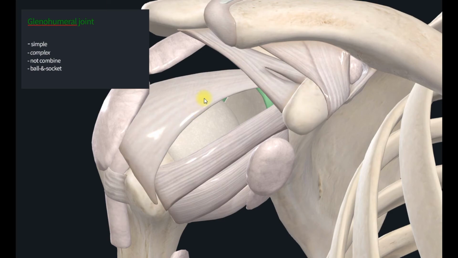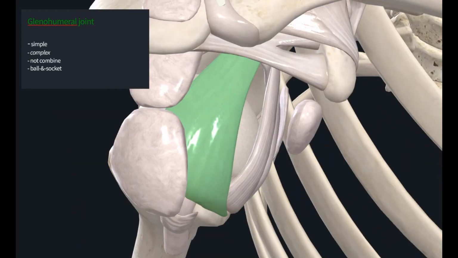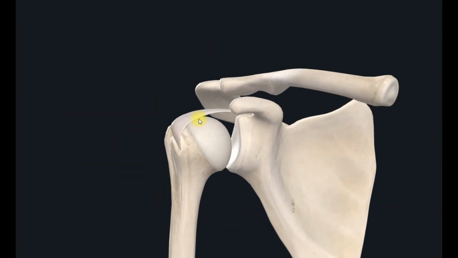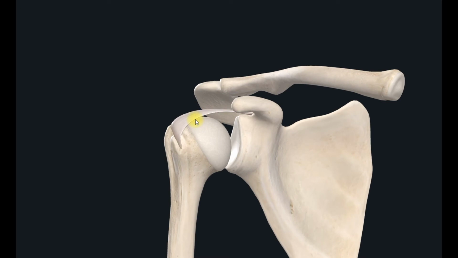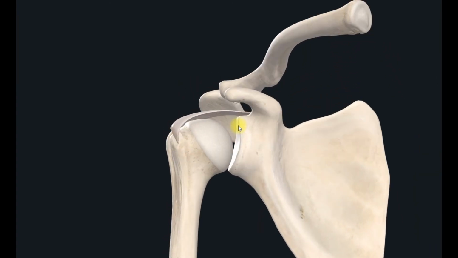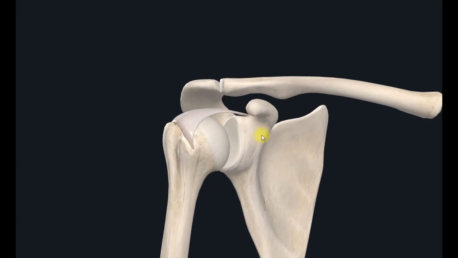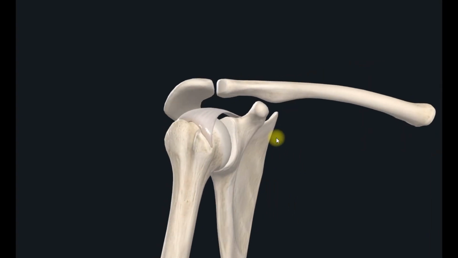Also, this joint has only one ligament, between the coracoid process and humerus, the coracohumeral ligament, attached to the dorsolateral base of the coracoid process and extending laterally to the greater and lesser tubercles of the humerus, blending superiorly with the articular capsule.